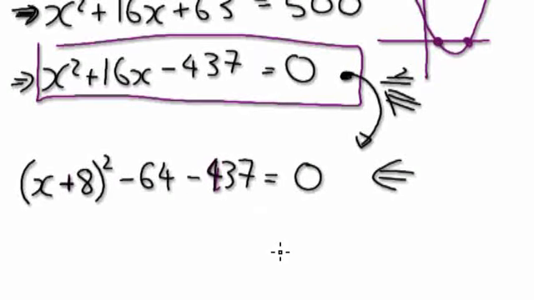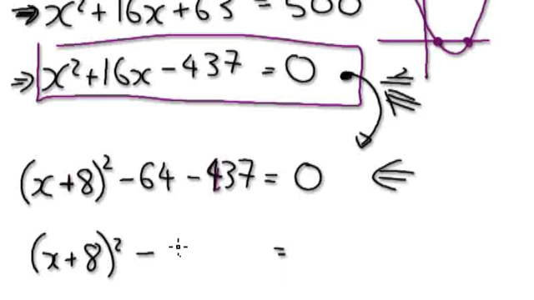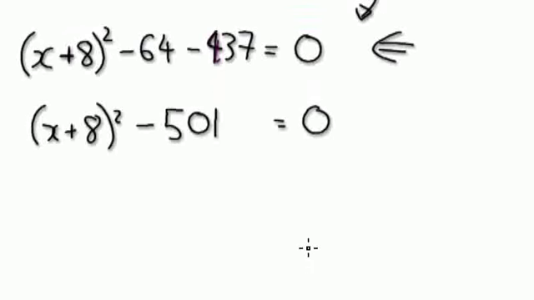So it's minus 64 minus 437. So (x plus 8) squared, minus, is it 501? Let me double check. 49... Yeah, okay, minus 501 equals 0 here. And now remember, you're trying to solve for x.